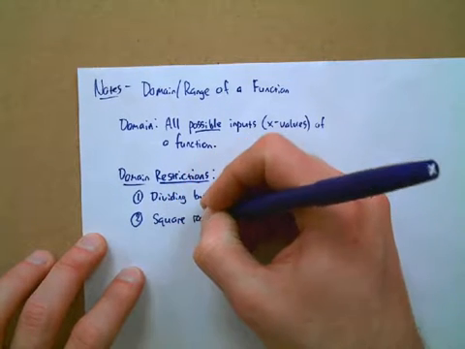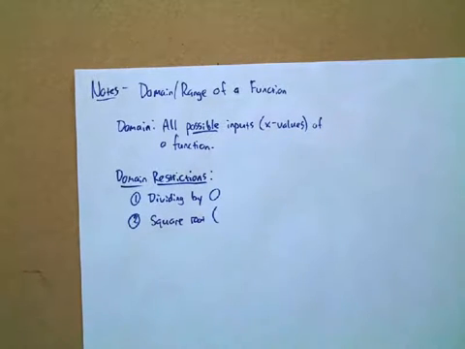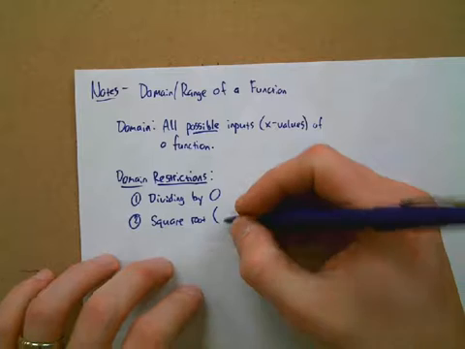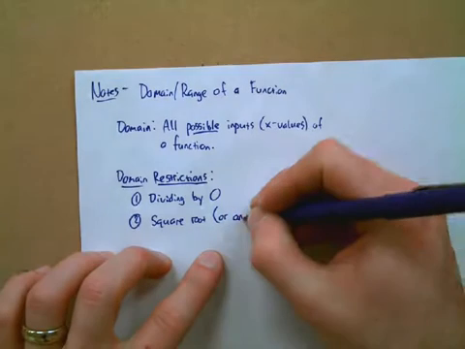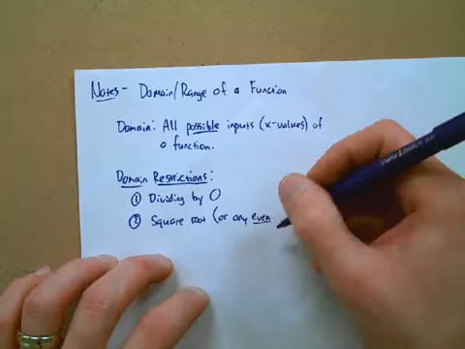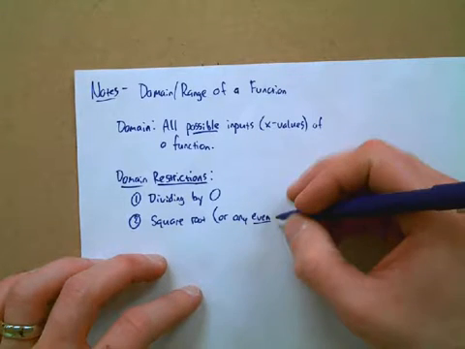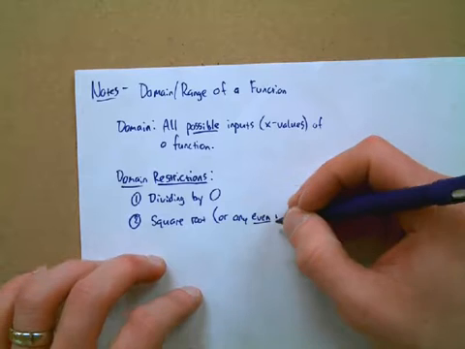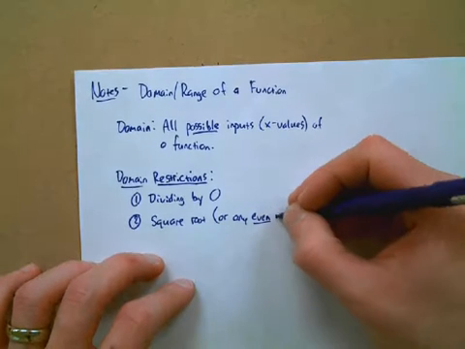And again, I think sometimes we get lazy, we just say square root, but really it's not just a square root, it's any even root. So this includes fourth roots, sixth roots, eighth roots, 10th roots, of a negative.